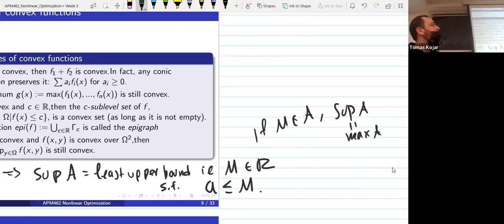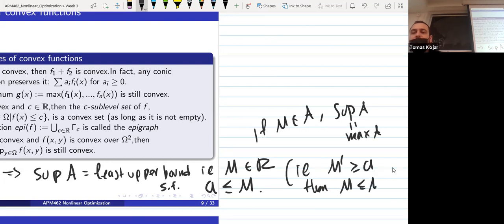And when they say least upper bound, that means if you give me another bound, m prime, i.e., you give me some m prime bigger than A, then m will have to be less than m prime. Do you understand? So that's why it's called least upper bound.